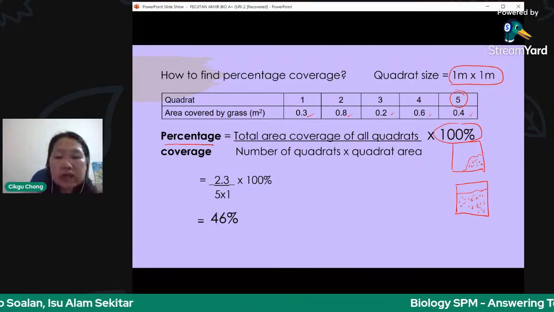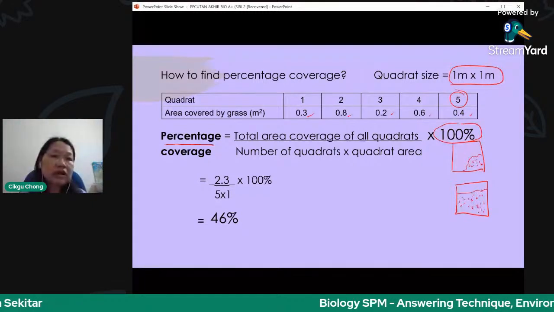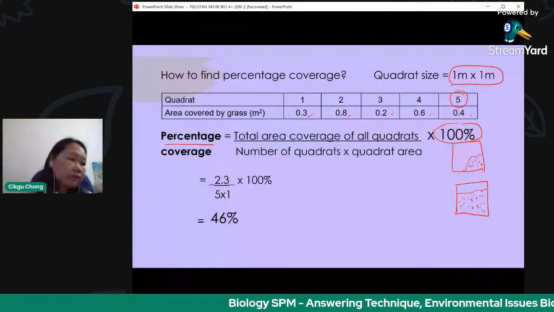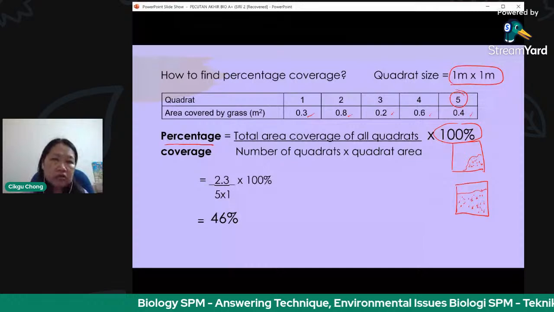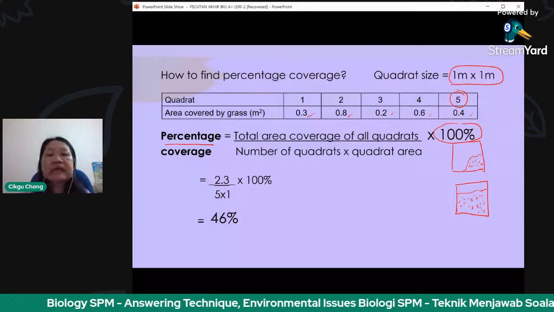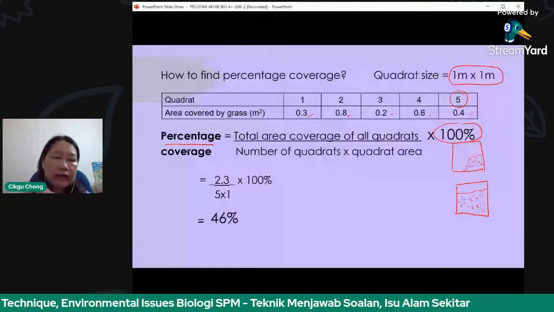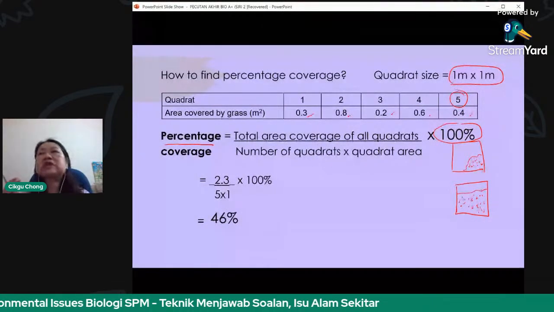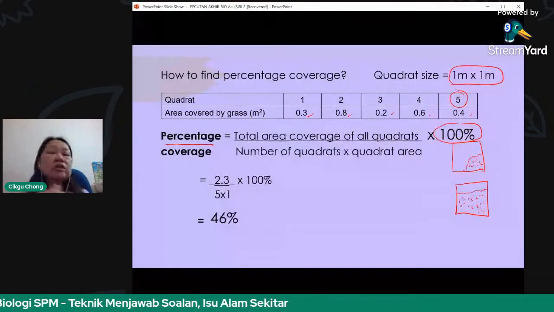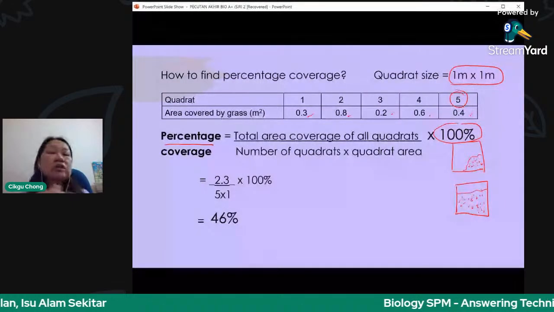Okay, so this is how you find percentage coverage, suitable for plants that crawl or are creepers, because you can't identify which is one pokok, which is another pokok. So kulat, which is mold, the colony of the mold, bacteria and all that. Whatever you have, this lichen, pleurococcus, or grass.